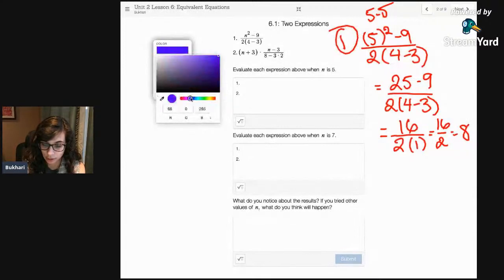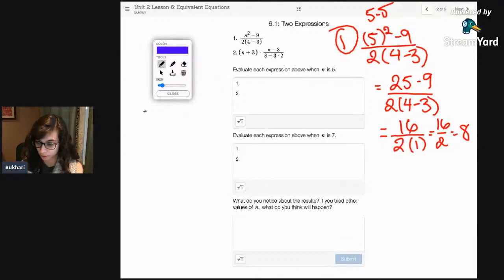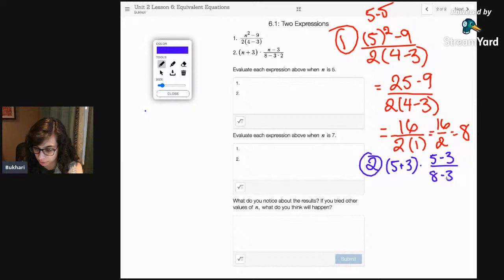Let's take a look at our second expression. Wherever I see an n, I'm going to replace it with a 5. So I have 5 plus 3 times 5 minus 3, all over 8 minus 3 times 2. 5 plus 3 is 8.